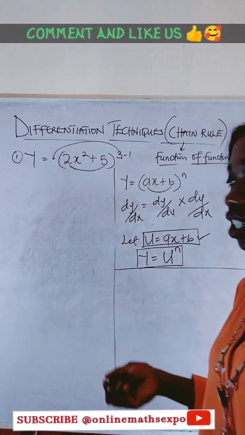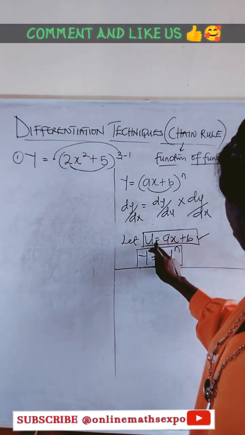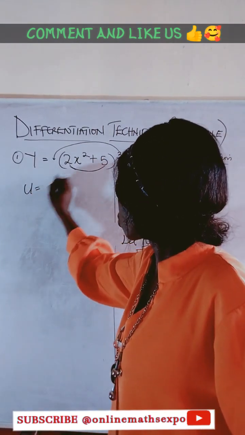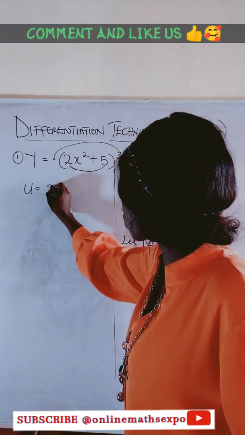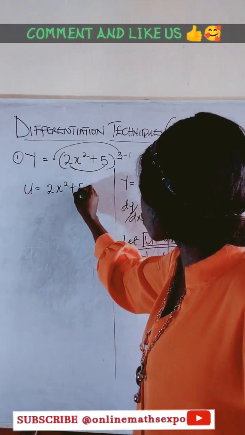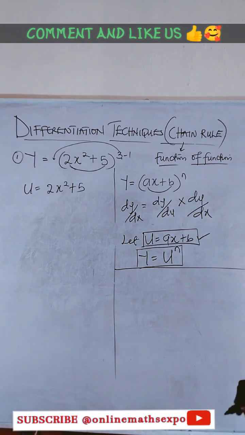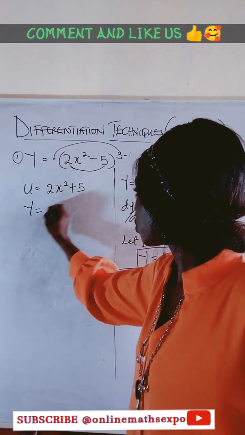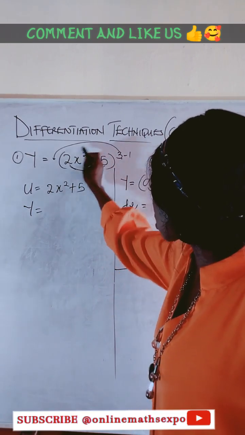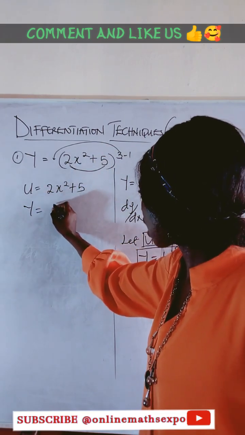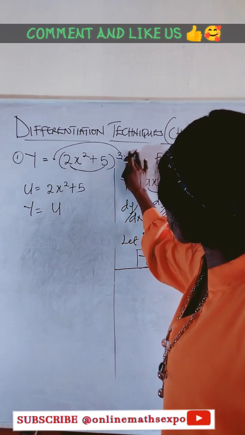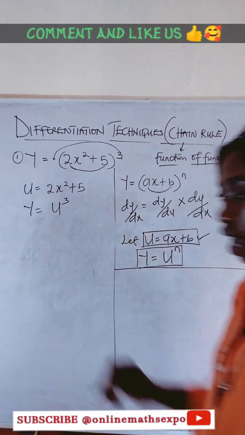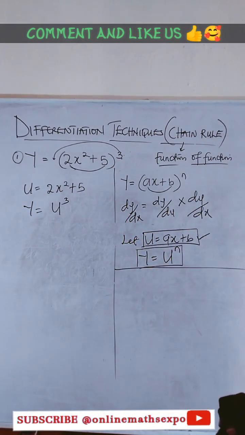So using the chain rule now, we can have our u equal to what you have here, which is 2x squared plus 5. I hope you can see it. Then your y will be equal to u to the power of 3. That is what we have. I hope that is clear.